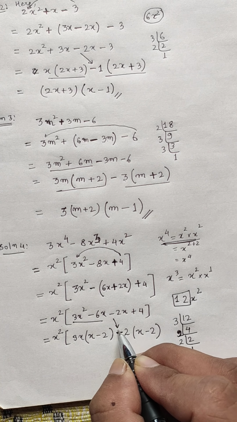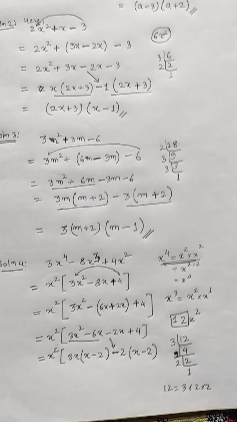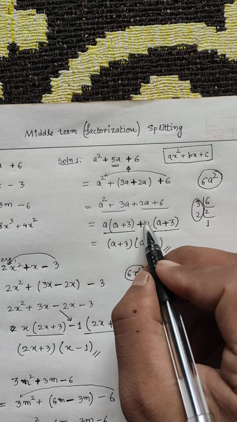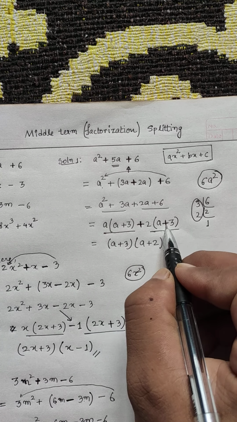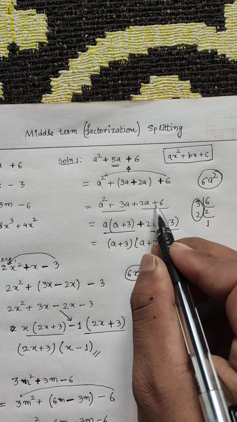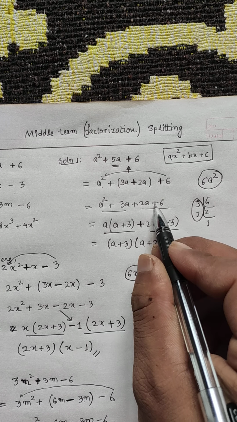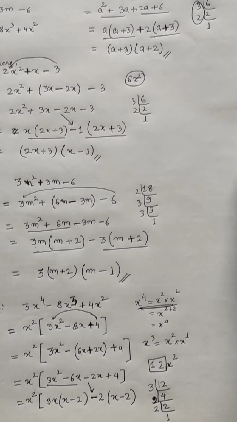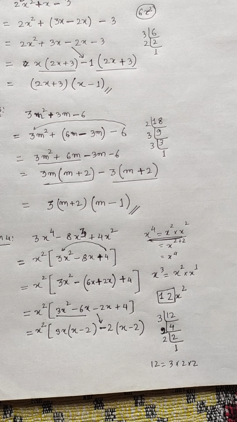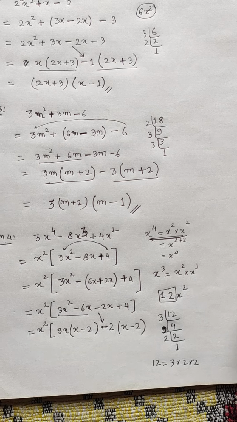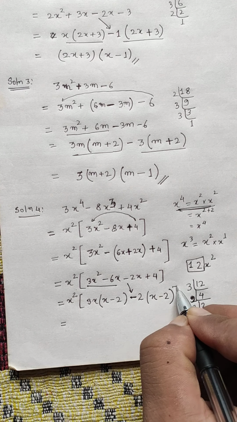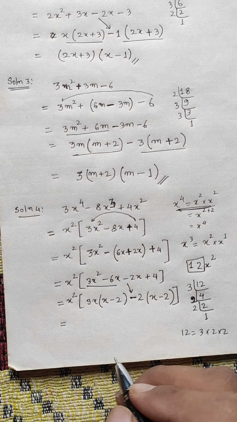If you are taking plus as common, the sign is not changed, as in question number 1. If it has minus sign, then it becomes minus; if plus, then plus. But in the case of minus, you have to change the sign. So that's the most important rule: while you are taking minus as common, change the sign.